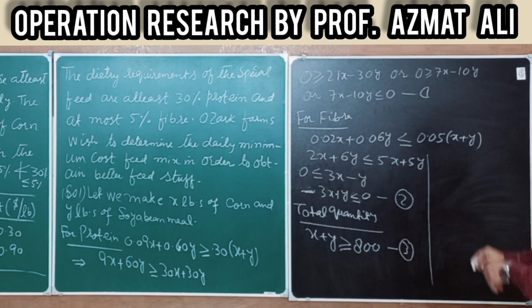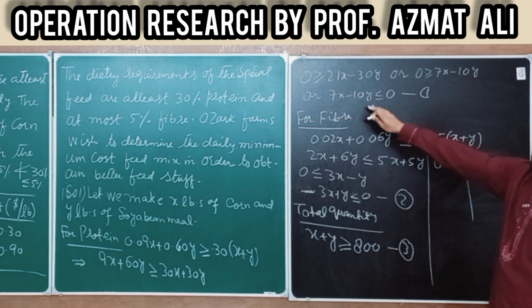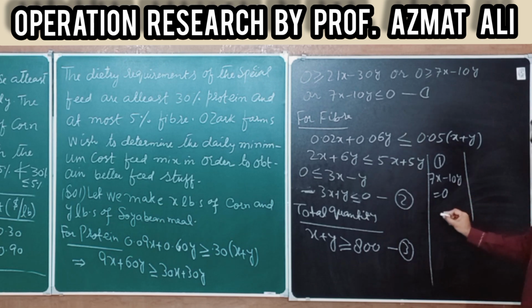Associated equations of 1, 2 and 3 are: the associated equation of 1 is 7x minus 10y equal to 0. This can be written as y is equal to 7 by 10 x.